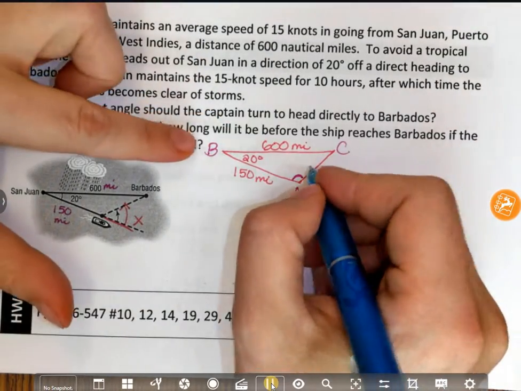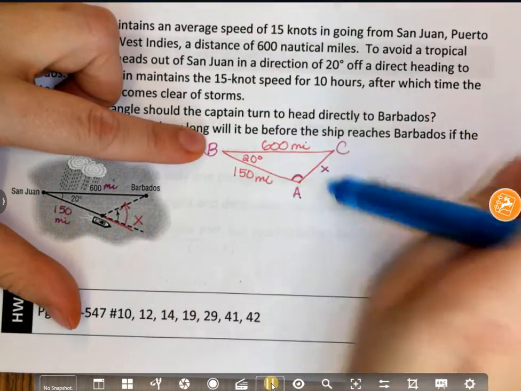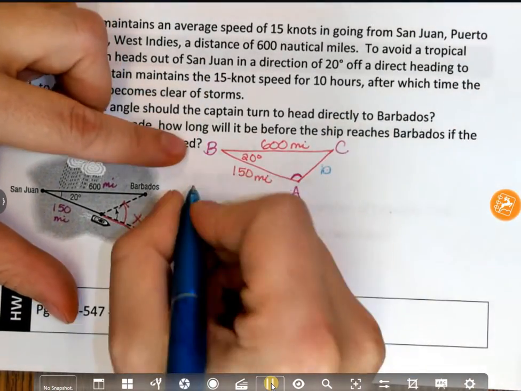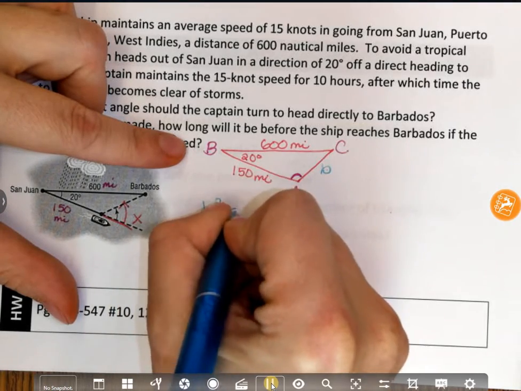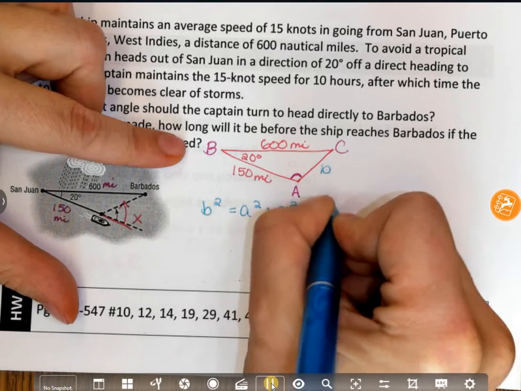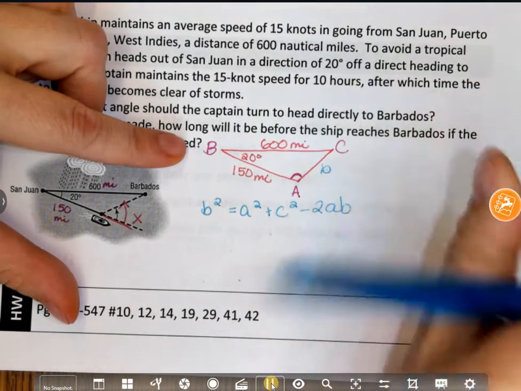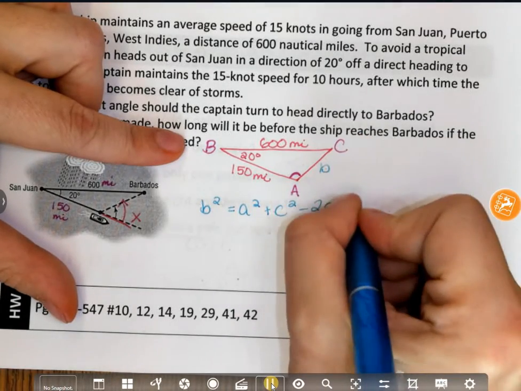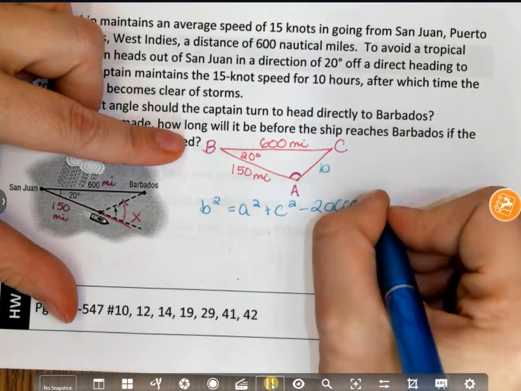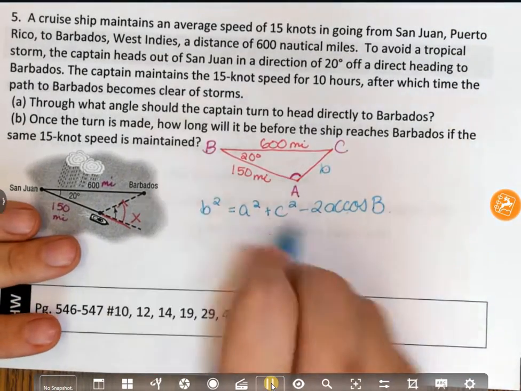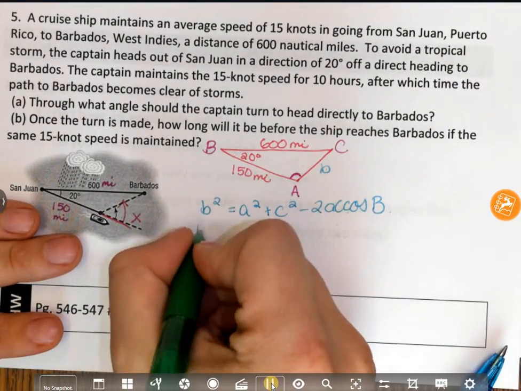So instead, I'm going to use this pairing. And I'll just call that B. So I'm going to say B squared is A squared plus C squared minus 2AC cosine of B. So that way, when I put my numbers in, I can actually find stuff.